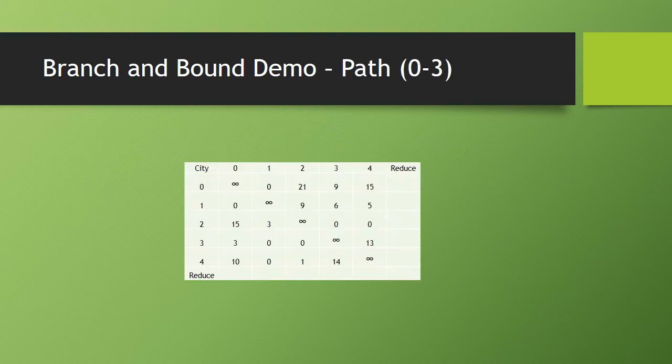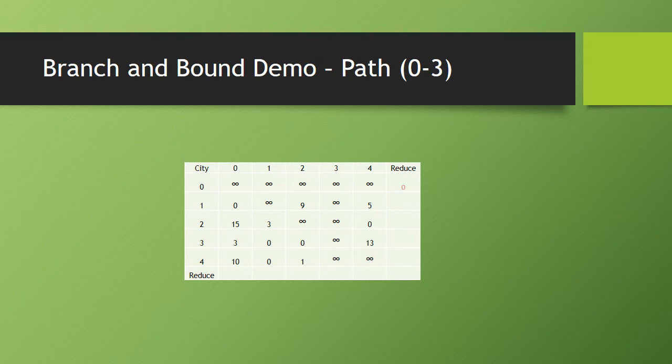Now we're going from 0 to 3. Make everything in row 0 infinity, everything in column 3 infinity, and then we're not traveling back from 3 to 0, so that's also infinity. And then we begin our reduction.